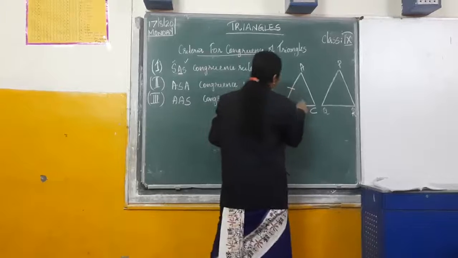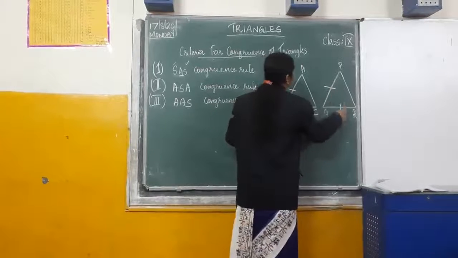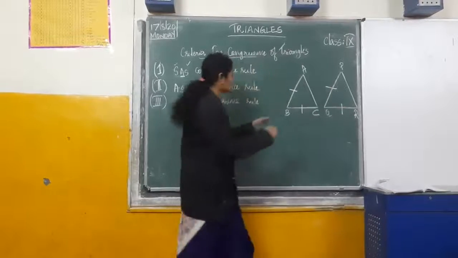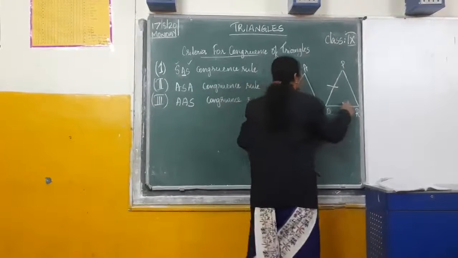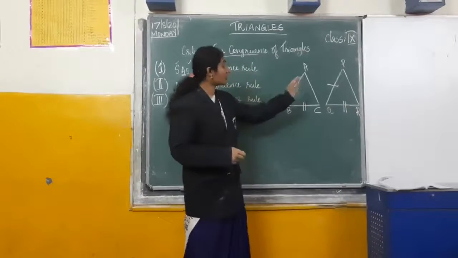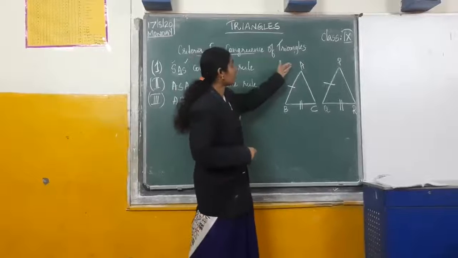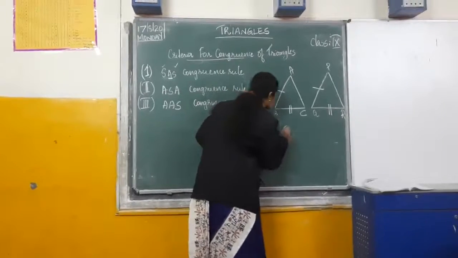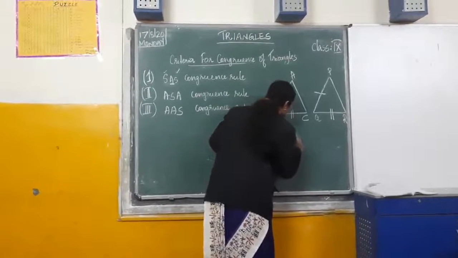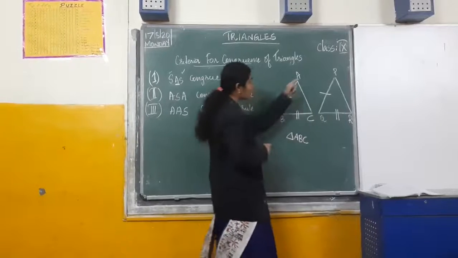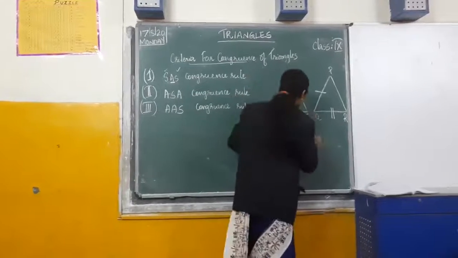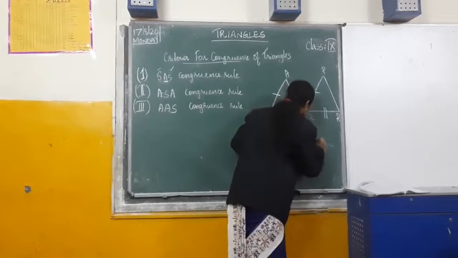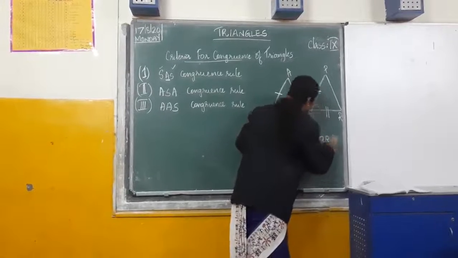See here, AB equal to PQ, BC equal to QR. See these two triangles. The first triangle name we can give as triangle ABC. And the second triangle you can name as triangle PQR.